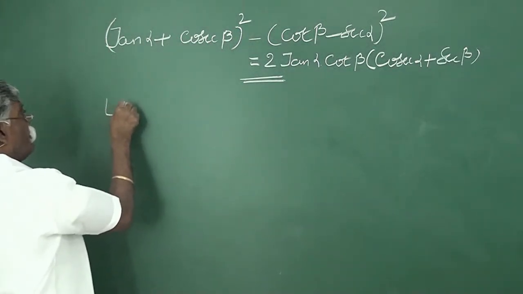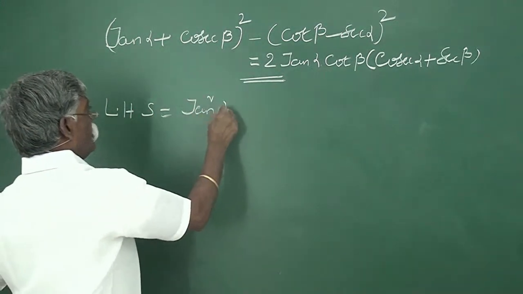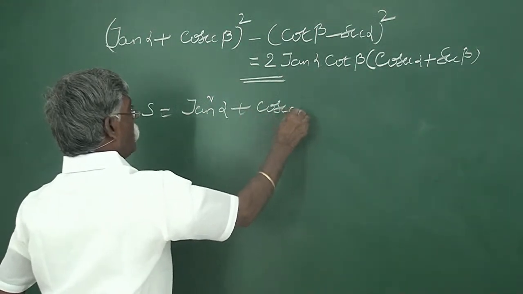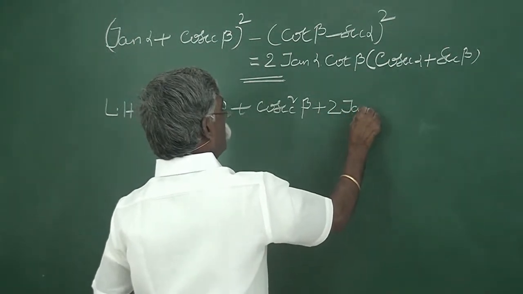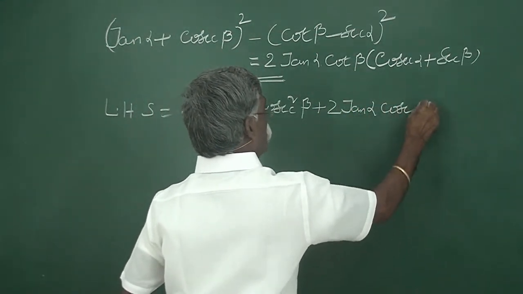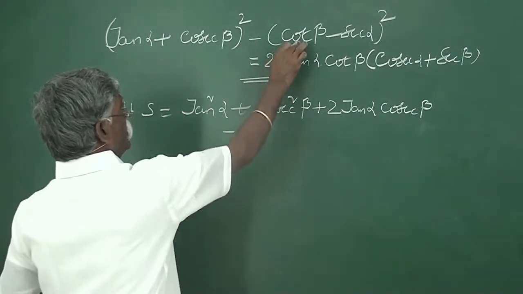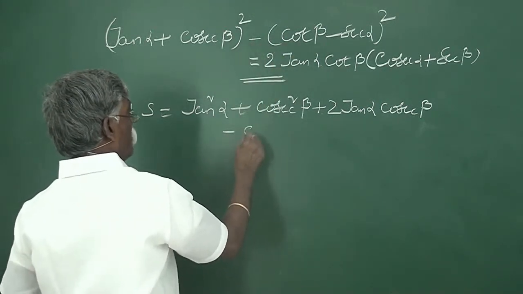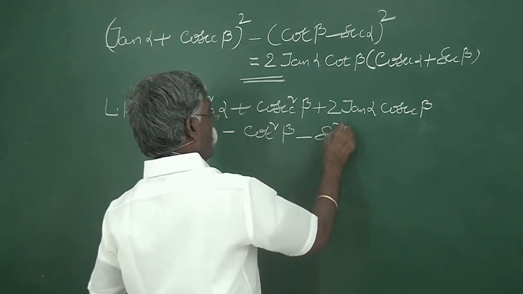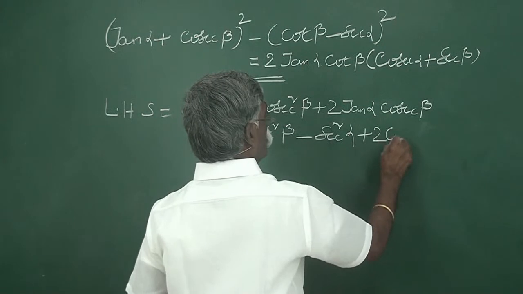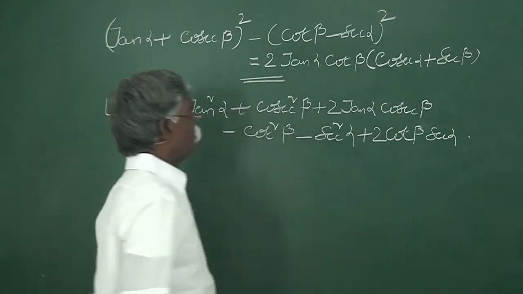So, a plus b whole square means a square is tan square alpha plus b square is cosecant square beta plus 2 tan alpha into cosecant beta plus this minus is also taken inside, minus cot square beta minus secant square alpha plus 2 cot beta into secant alpha.